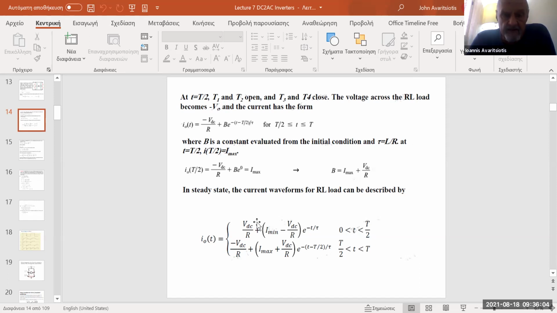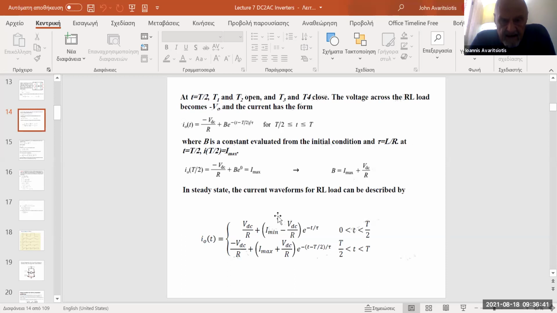So for the first half of the period, you see you have a constant term. At t equal 0, you have a constant term VDC over R. And at the end of the half of the period, if you replace t with the half of the period, you get the maximum value of the current.